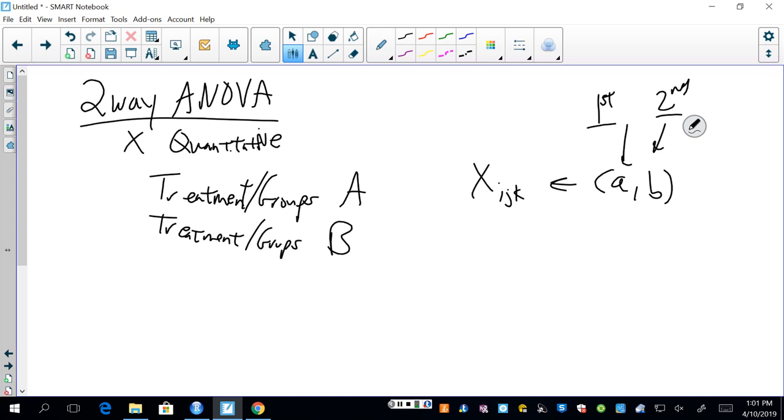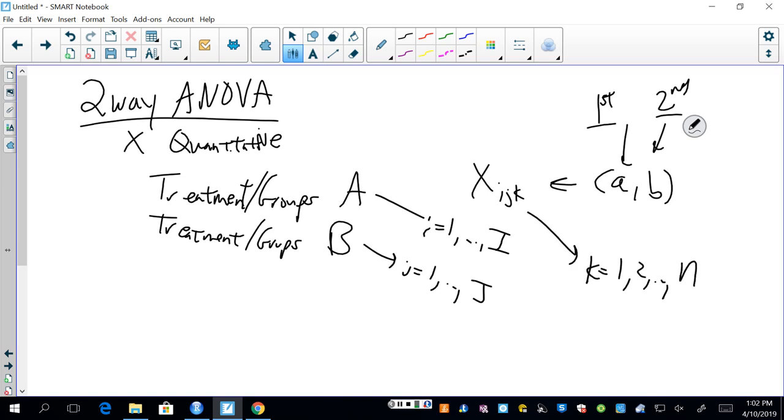And if there are I levels of this first one, and there are J levels of the next one, this index K would be the number of subjects that have the same simultaneous levels of A and B in there.